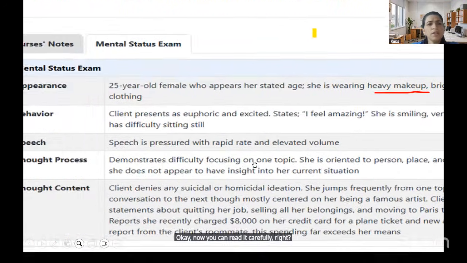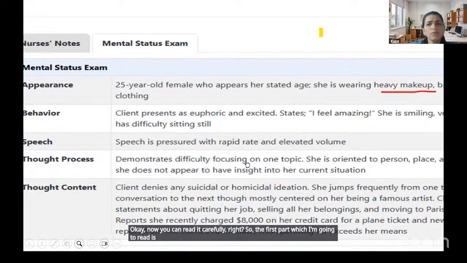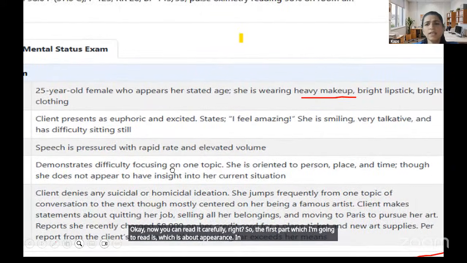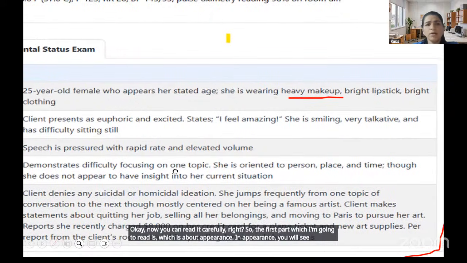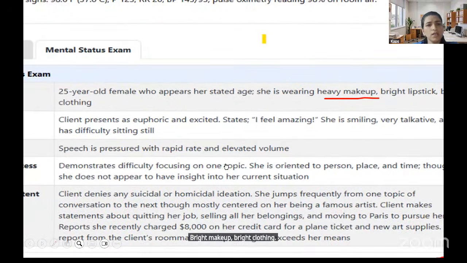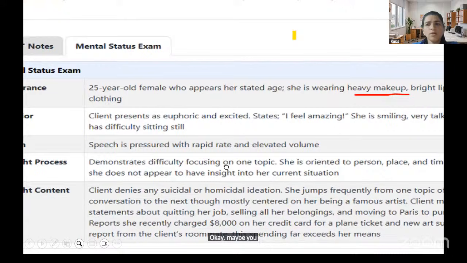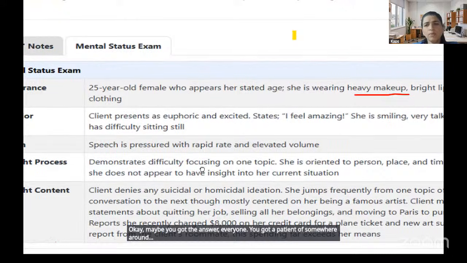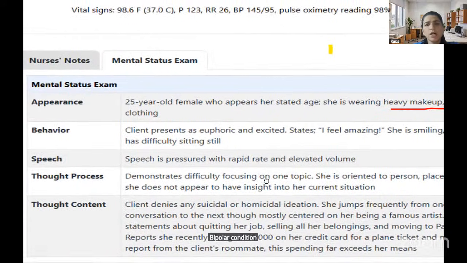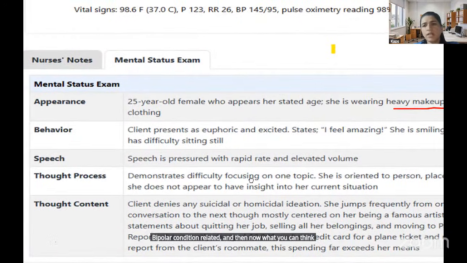So the first part which I'm going to read is about appearance. In appearance, you will see heavy makeup, bright clothing. Okay, maybe you got the answer, everyone. You got a patient somewhere around a bipolar condition, and now what you can think of is mania and everything going on.